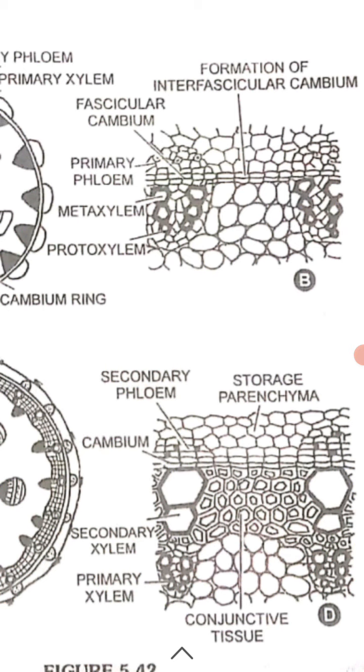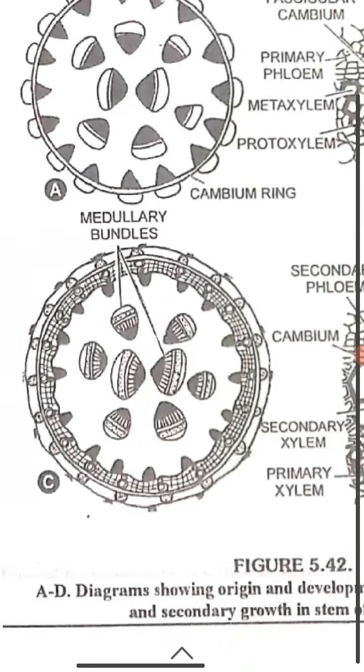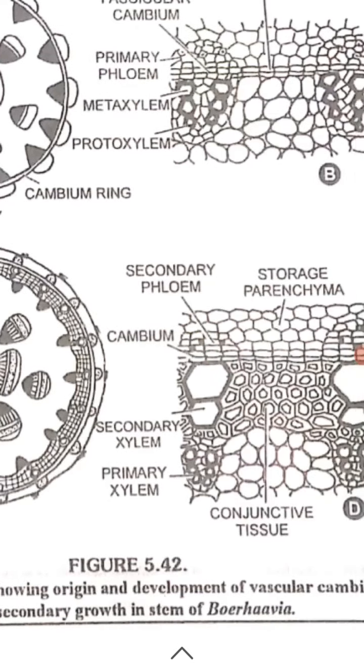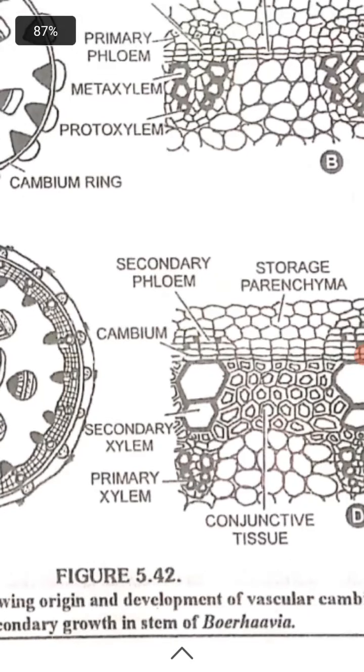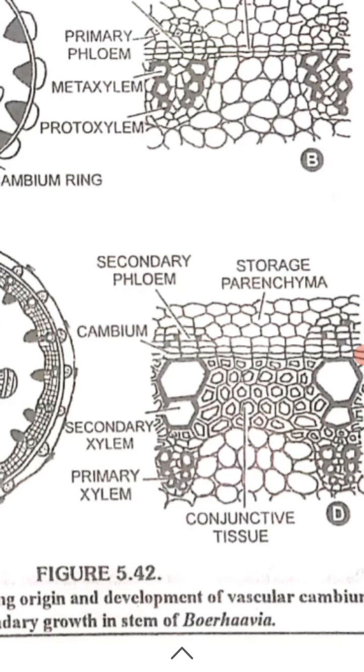This cambium produces secondary xylem toward the inner side in the vascular region, just above the primary xylem.